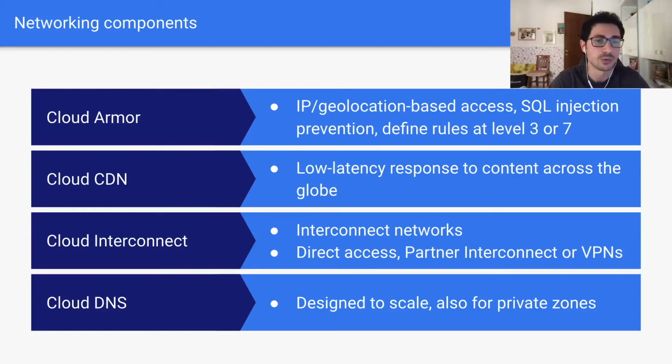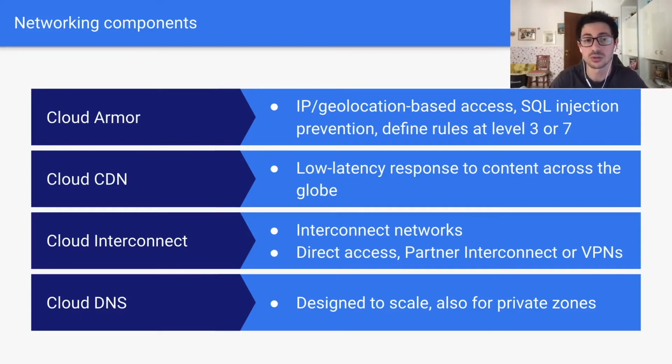Then you have Cloud CDN, which is basically the solution for content delivery networks. I guess you already know what they are. They're basically a technology to provide low latency response to content across the globe. The classical example is the news website that provides a lot of static files or videos, and these have to be distributed across the globe quite quickly.